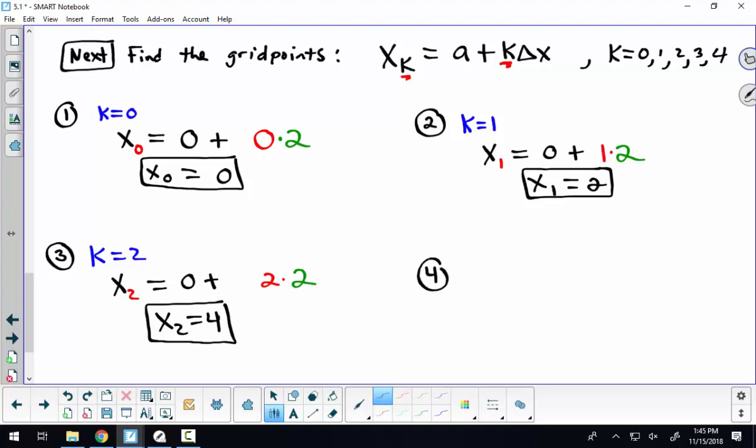Next grid point, when k equals 3, we have x sub 3 equals a plus k delta x. So x sub 3 is 6.